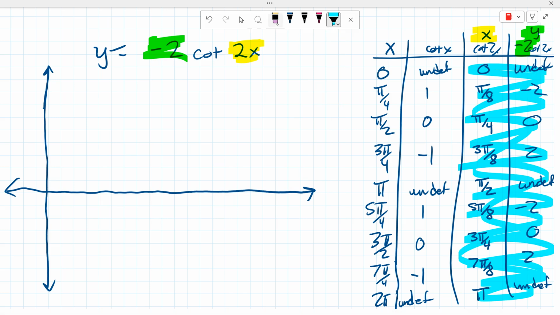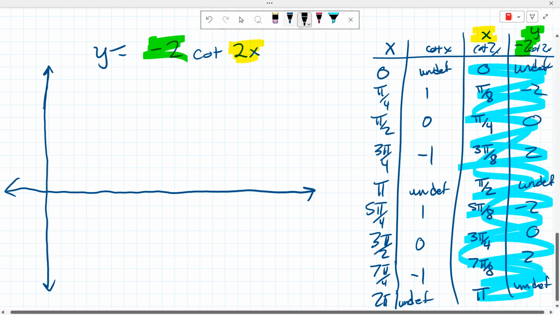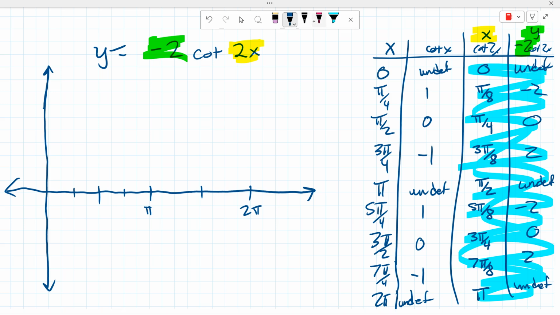Okay? So, if this is pi and this is 2 pi, then this is pi over 8, 3 pi over 8, and so on. Okay? So at 0, we're undefined, so we have an asymptote.